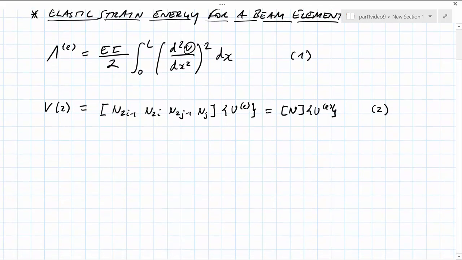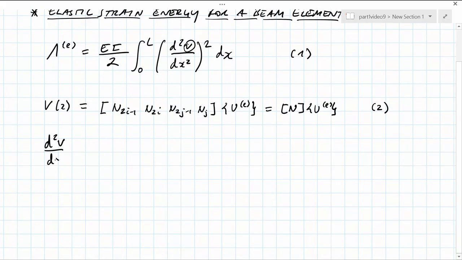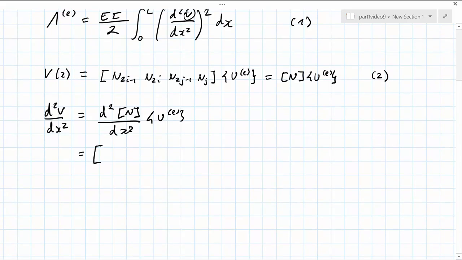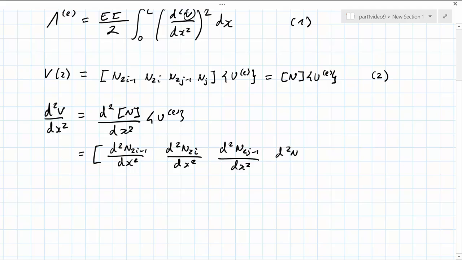Working with d2v by dx squared, we get the following. d2v by dx squared is equal to d2 of the matrix N by dx squared multiplied by the vector ue, which is equal to, term by term, d2 n2i minus 1 by dx squared, d2 n2i by dx squared, d2 n2j minus 1 by dx squared, d2 n2j by dx squared, multiplied by ue.